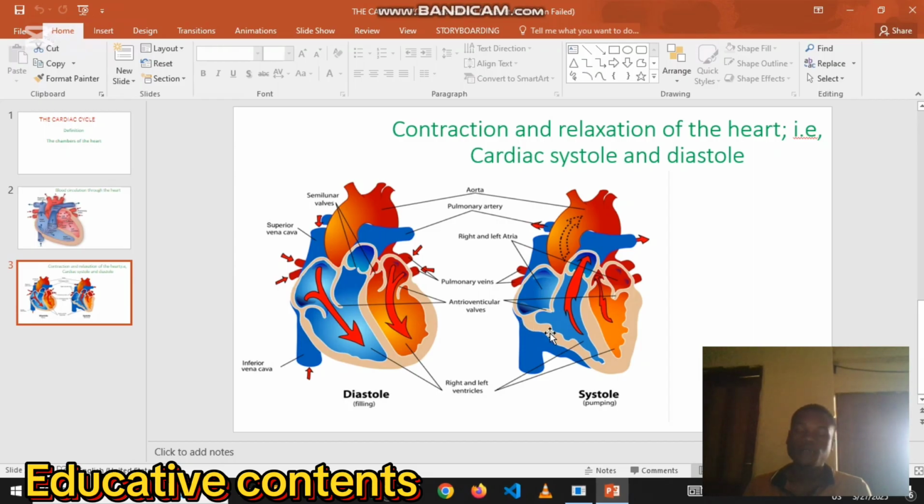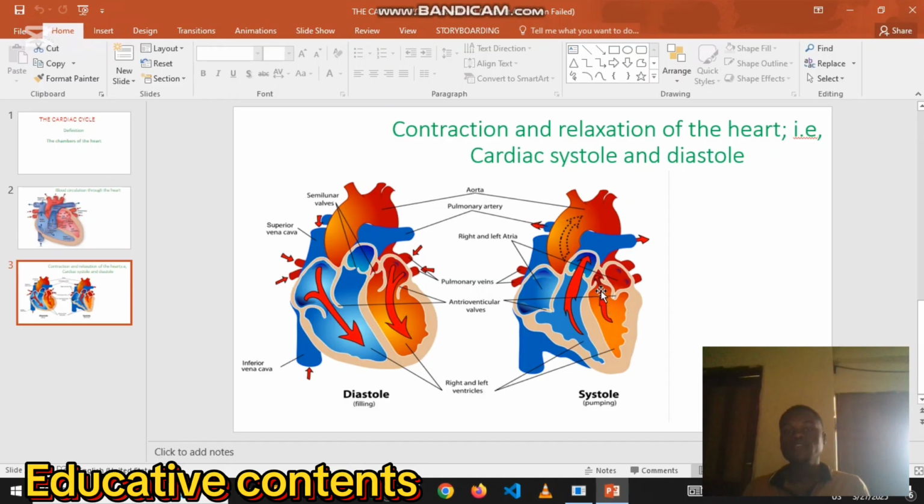Now, when the right ventricle contracts, the pulmonary valve, which is the right semilunar valve, opens so that the deoxygenated blood can pass through the pulmonary artery and go to the lungs for oxygenation.